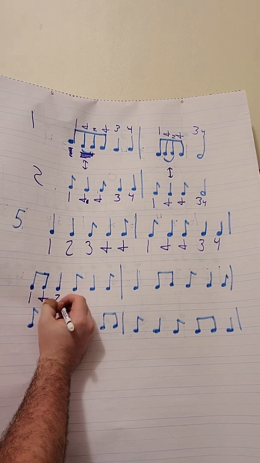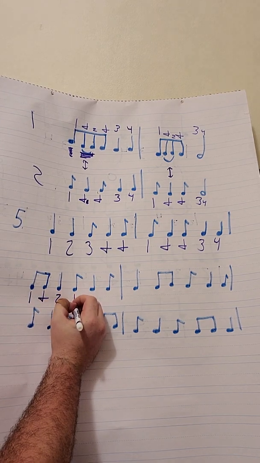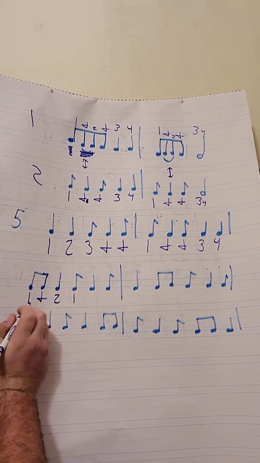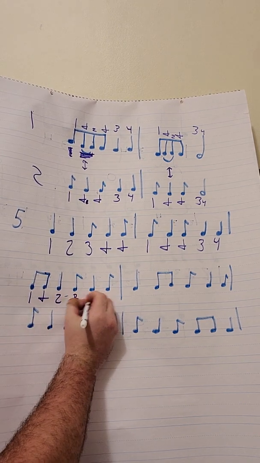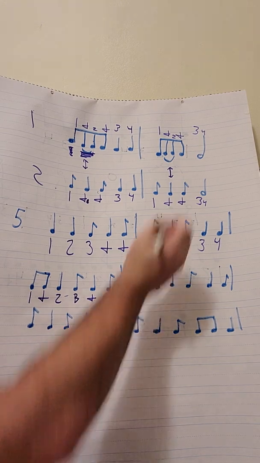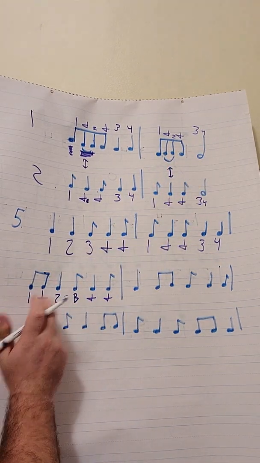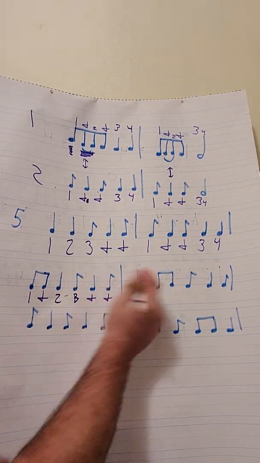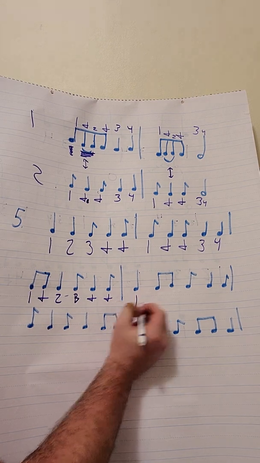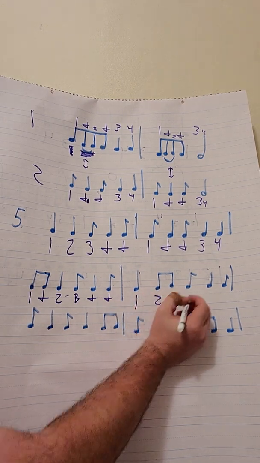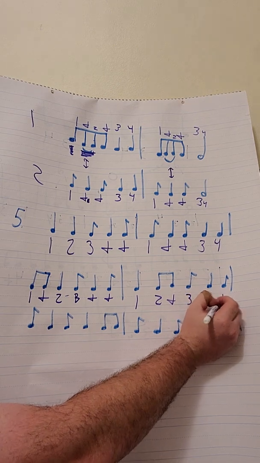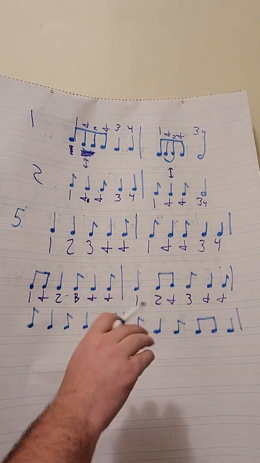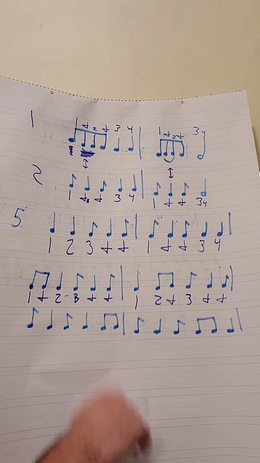and 2 and, oh, sorry, no, 1 and 2, 3 and. Okay, so we got 1 and 2, 3 and, then the second measure you should have gotten 1, 2 and, 3 and, so 1, 2 and 3 and.